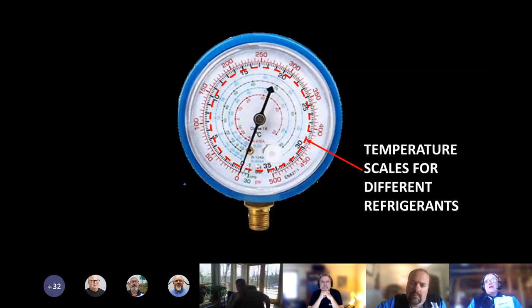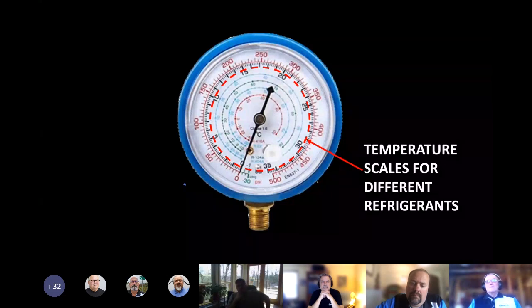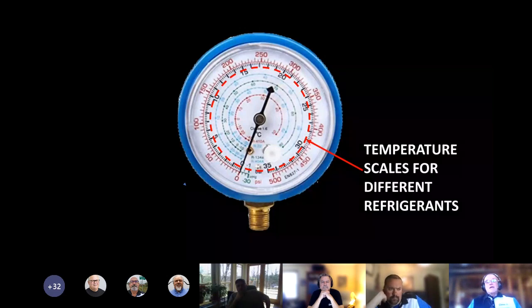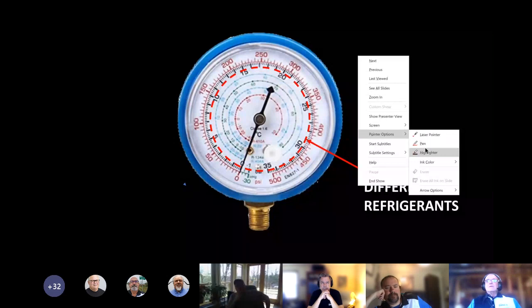The gauges that you'll have on your AC system will have 1234YF or 134A or even R12. Those are scales where at any given pressure, you can draw that needle line down to where the equivalent temperature would be.